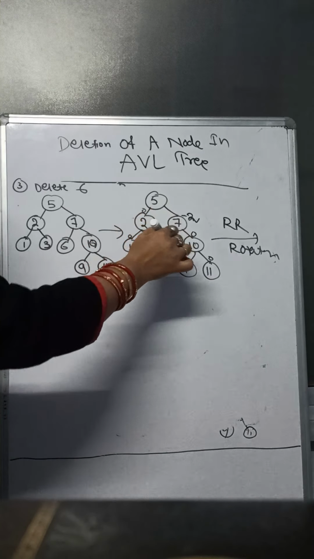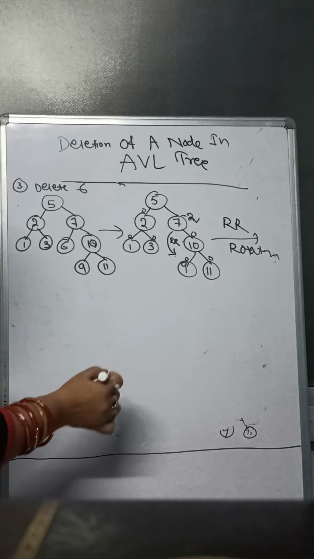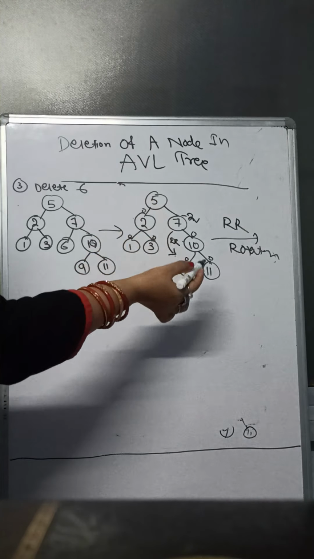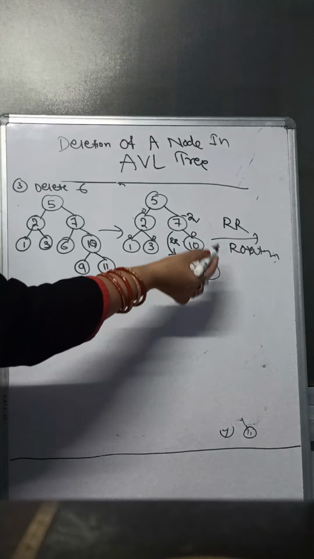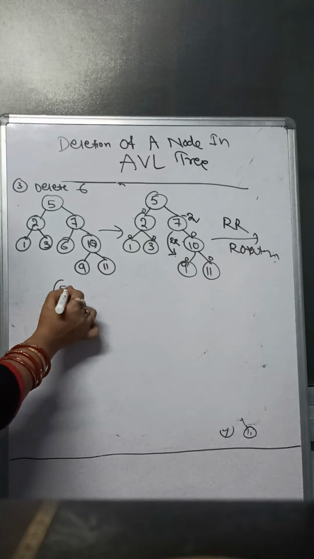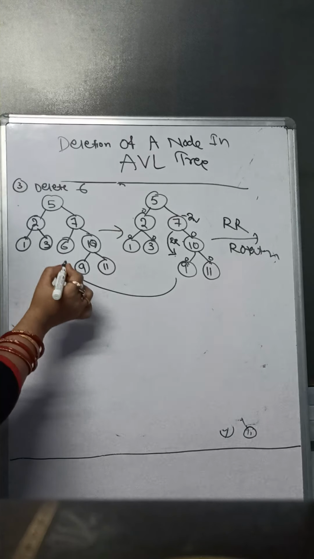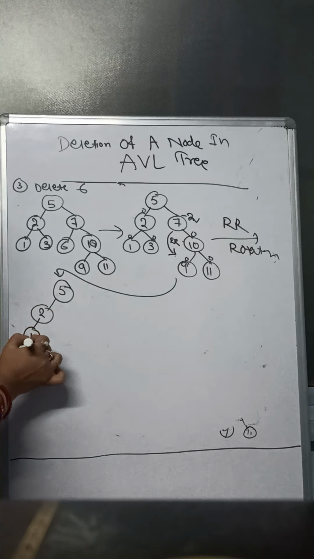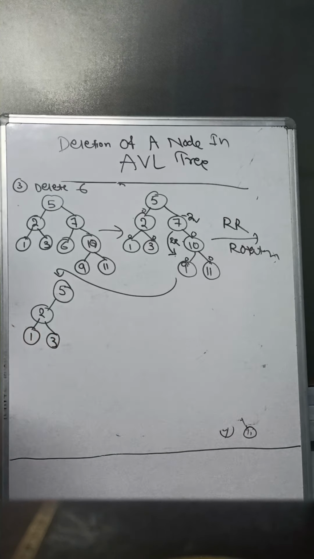When I am doing the RR rotation, 7 will come anti-clockwise here. Then every node must go 1 position right. 10 will go here, 11 will go here. So now I have to draw the tree here. This is the resultant tree, okay? Okay, 5, then here 2, then 1, then 3 as usual placed, okay?